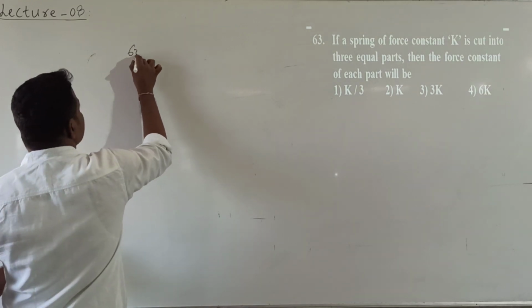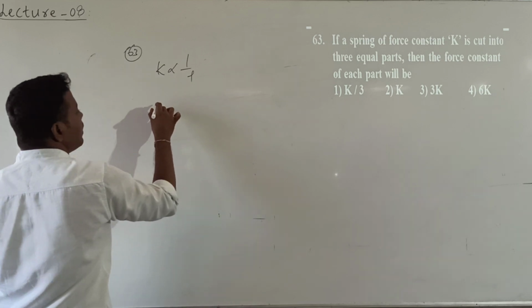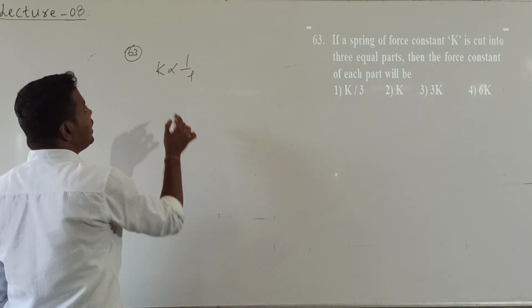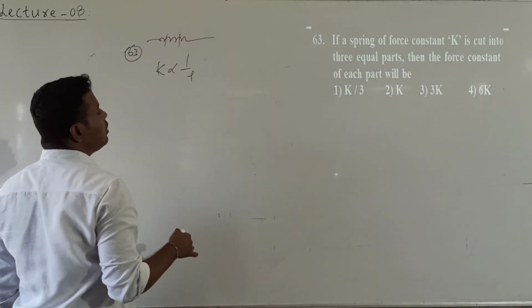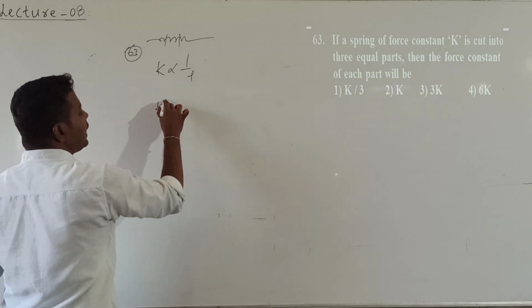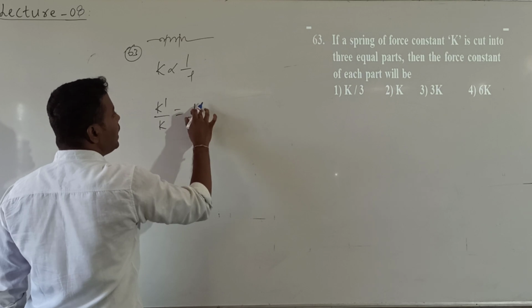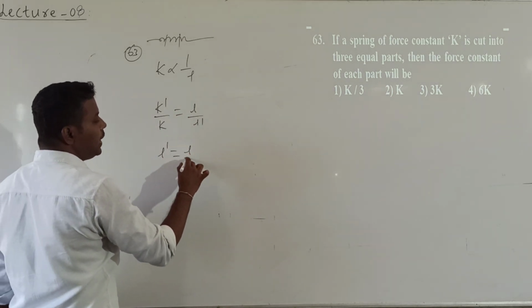So what they have given is spring constant value inversely proportional to L. Now they are telling that the spring length is divided into 3 equal parts. When you divide into 3 equal parts, what do I get? K dash by K is equal to L dash by L. Sorry, L by L dash, where L dash value is equal to L by 3.